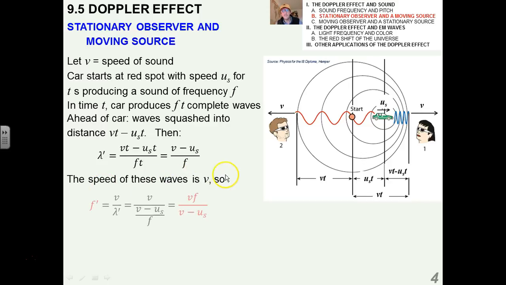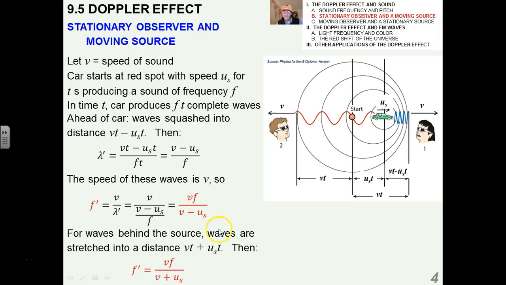Now, the speed of these waves is v, so this then becomes algebra, if I want to think about it in terms of the frequency instead of the wavelength. It's going to be f prime equals v times f, where f is the original frequency, all over v minus u_s, okay? Or for waves behind the source, the waves are then stretched into a distance, vt plus ut, okay? So it's similar mathematics, and you have v plus u_s, okay?